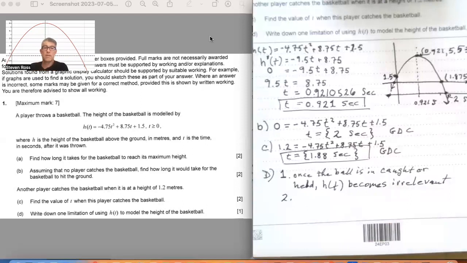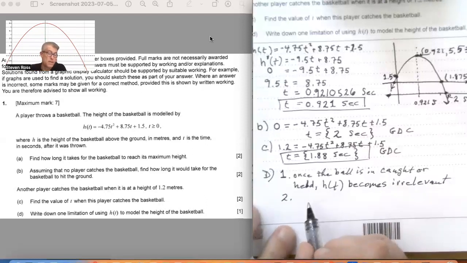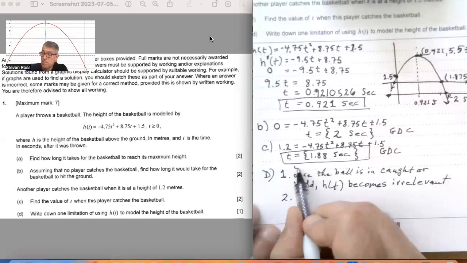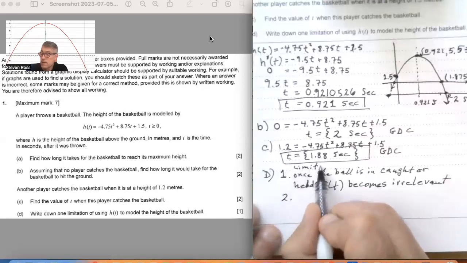Another one I was thinking of is like totally thinking of the physics, of a basketball going up in the air. And one limitation is that, well, let me put limitations right here.